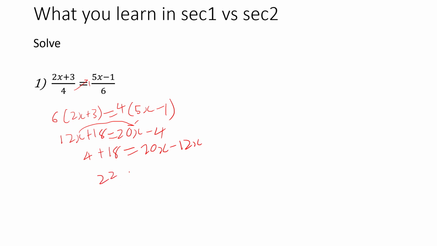So here I have 22. Wow, this will be equals to 8x. So 22 over 8 will be equals to x. Now, one thing to take note is, if you write your answer in mixed number, it is actually more informative in this case.